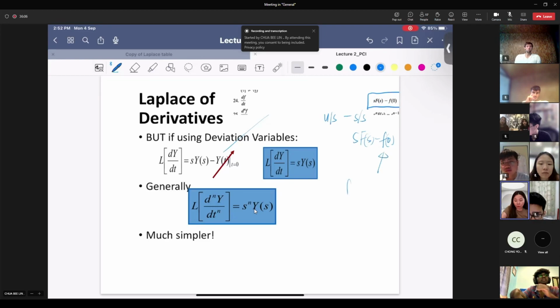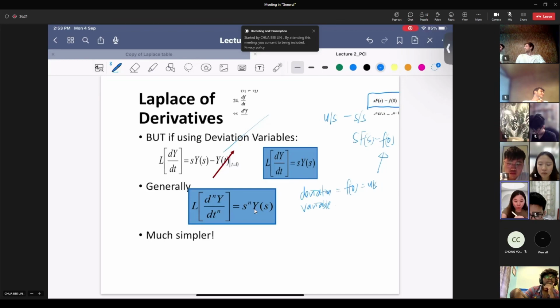So it means F0 stands for the deviation variable. You are using the value of unsteady state, which means unsteady state at time equals to 0.